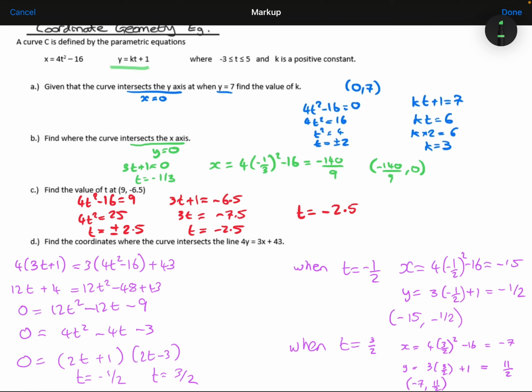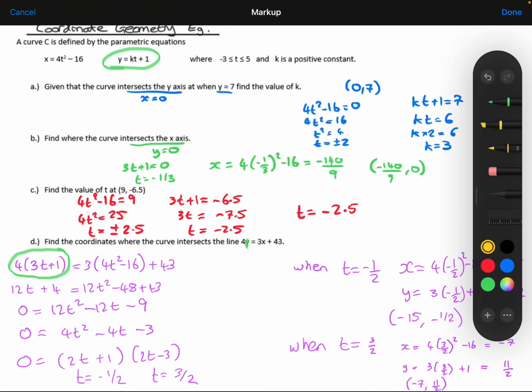I know that y is equal to 3t plus 1. So I've substituted that in here to get 4 lots of the 3t plus 1. Similarly, I know that the x is going to be equal to the 4t minus 16. So I've substituted that in here.